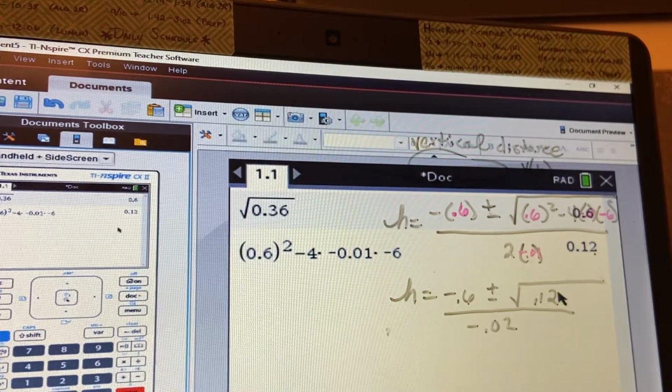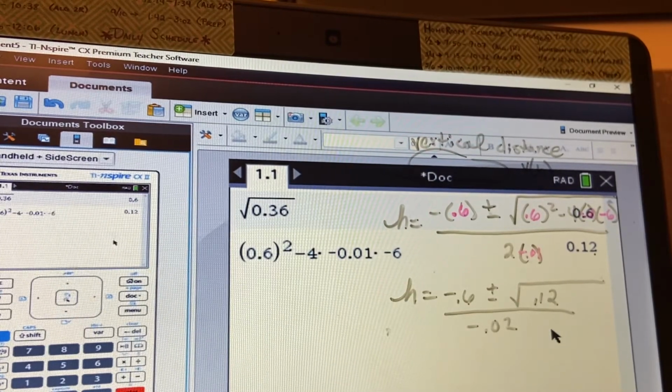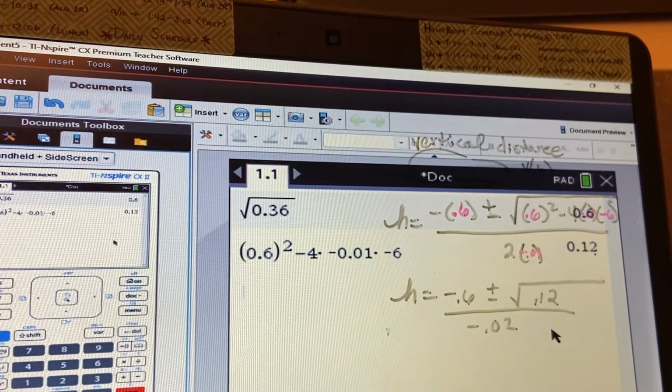Now, square root. We want this to the nearest, what did it say? Determine the horizontal distance. It doesn't say to round to anything. We're not going to leave a radical because it's not appropriate for this situation. It doesn't say leave in simplest radical form, but for a distance we want real numbers.